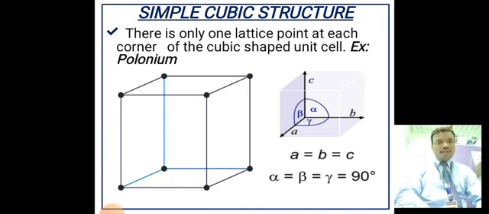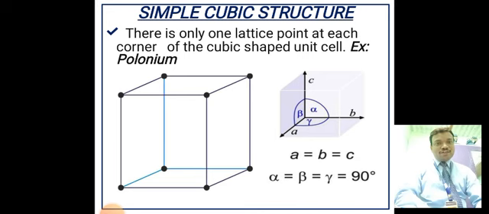There is only one lattice point at each corner of the cubic shaped unit cell, which is called the simple cubic structure. The example for this is polonium.